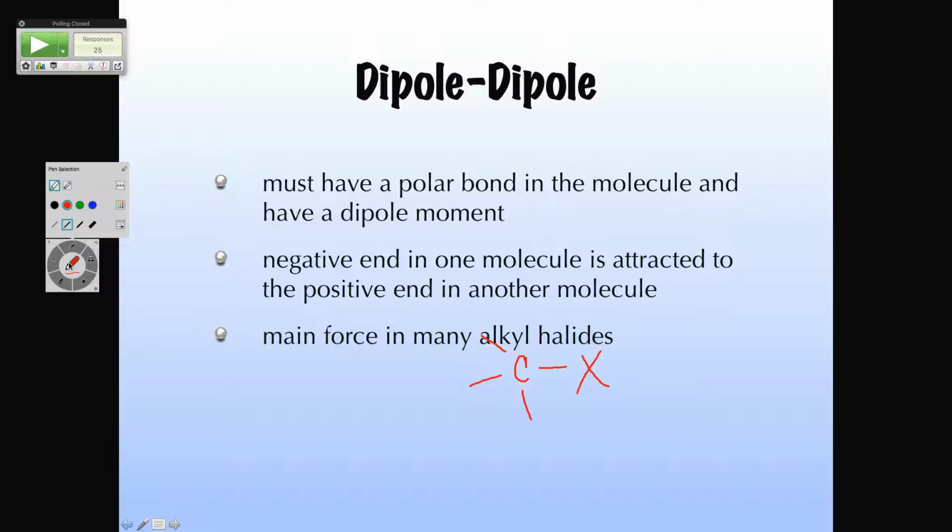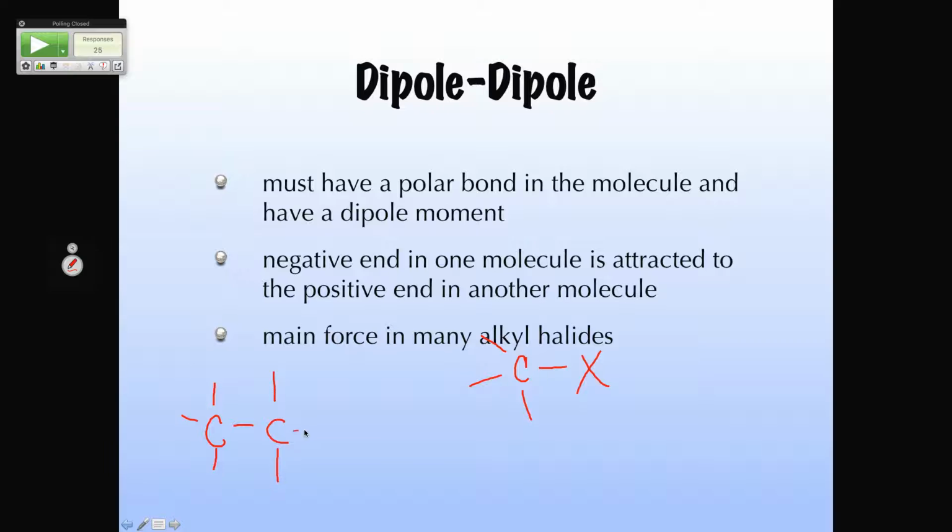So if I were to give you an example, let's go with this. Okay, and I'm going to give you the lone pairs on the chlorine so that you remember that they're there. And usually if I write them down, you write them down.